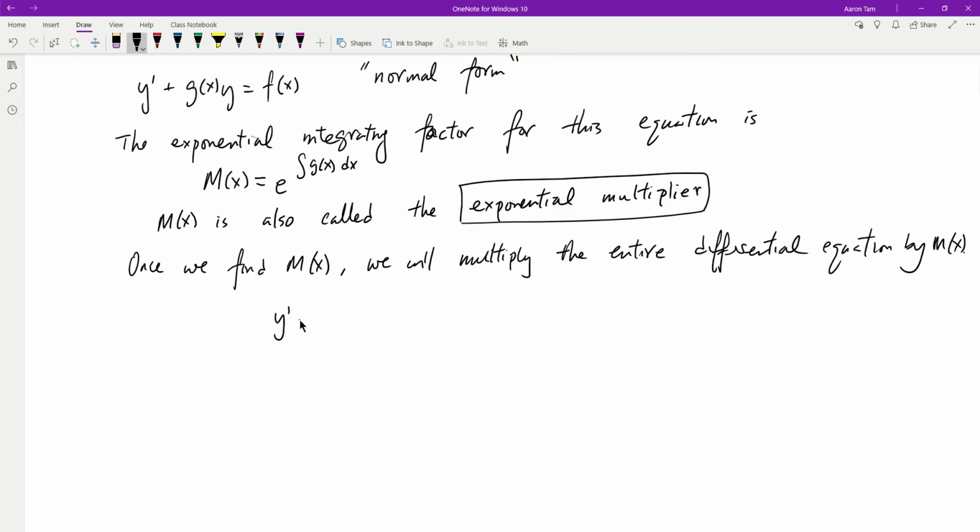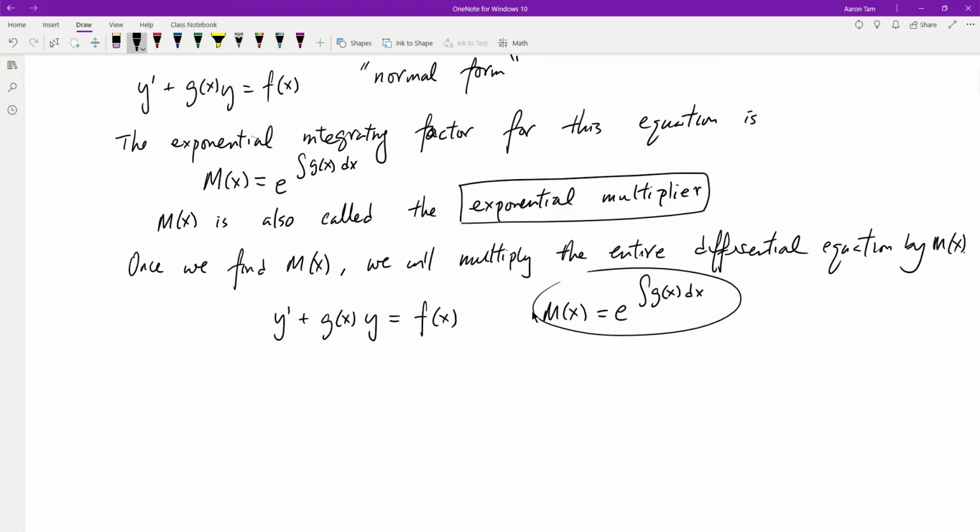So I have y prime plus g of x y equal to f of x. Here's my exponential multiplier. I'm going to multiply it to the entire equation, and what I have would be the following.